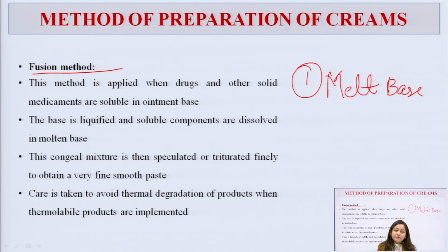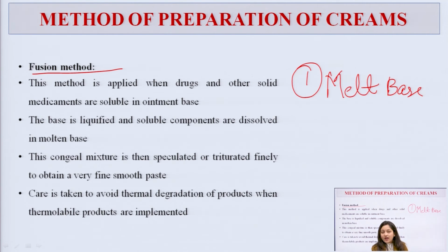It can be hydrocarbon base, oleaginous base, water soluble base, or water removable base. Depending upon our choice, we have selected a base now. The next thing that we are going to do is melt the base. Melting of the base is important, because if we do not melt the base, then the incorporation of API often is a challenging task.